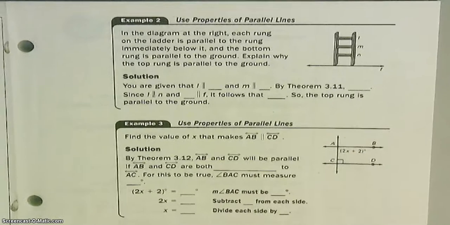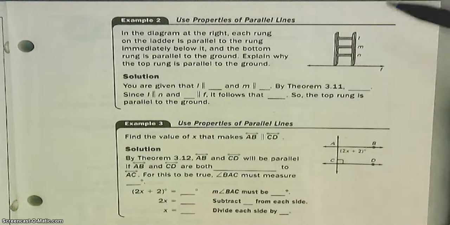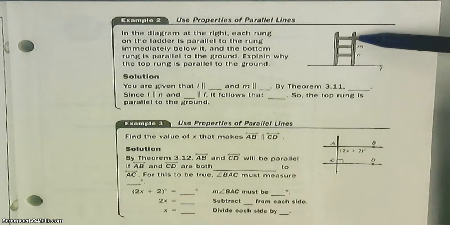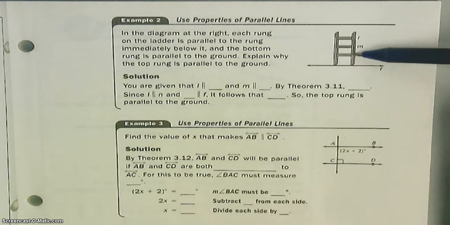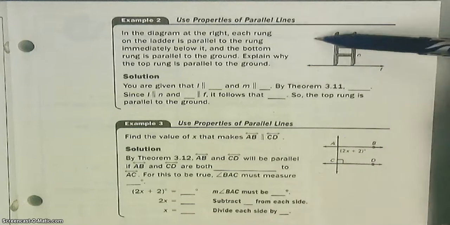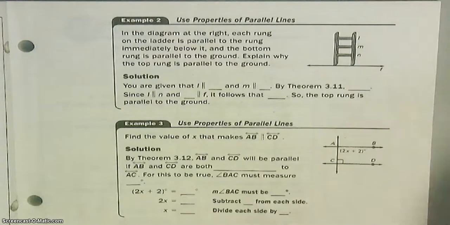Using properties of parallel lines. In the diagram at the right, each rung of the ladder is parallel to the rung below it. So L is parallel to M is parallel to N, and N is parallel to the ground. Explain why the top is parallel to the ground.